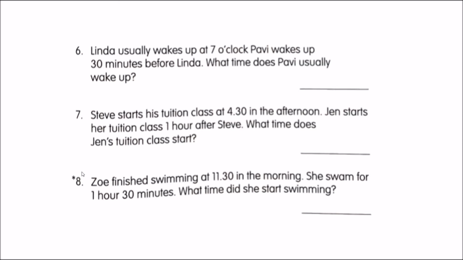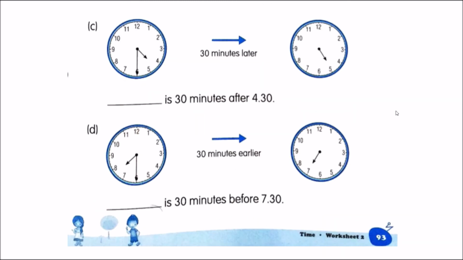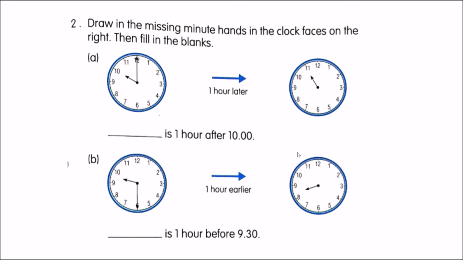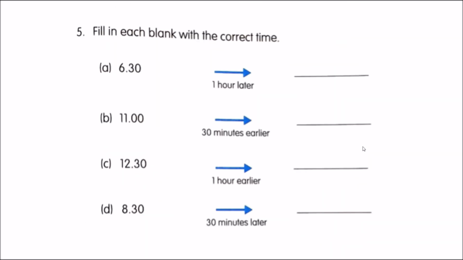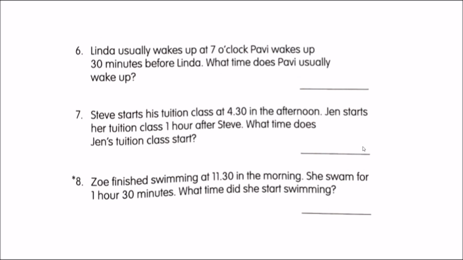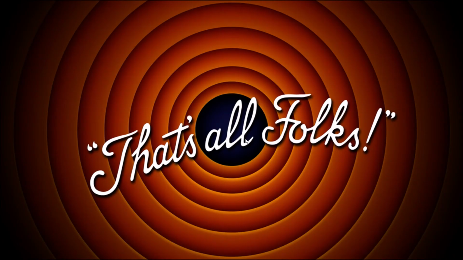And the last one, this is a bit difficult, so you don't have to try and do it. We will do it together in our next maths lesson. So just try to do all your worksheets as much as you can and just try your best. If you don't finish, it's no problem. We will do it together in our next maths class.